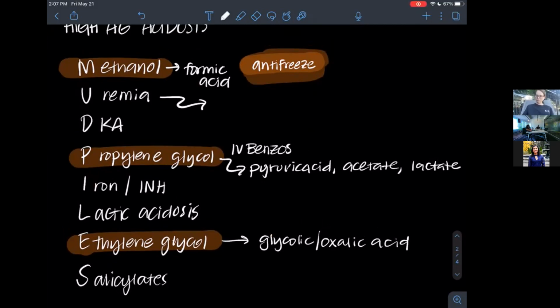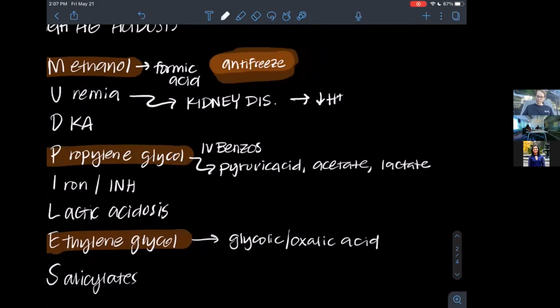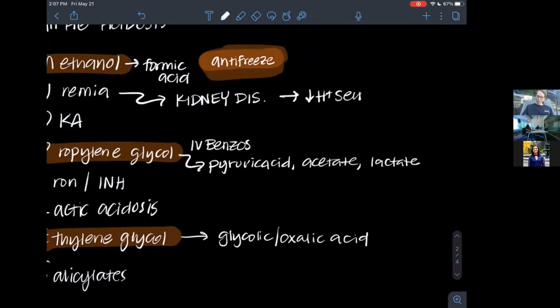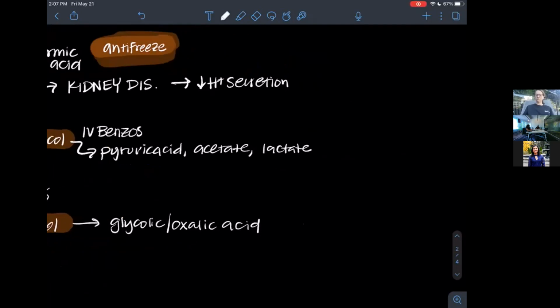You see uremia if you're having any sort of advanced kidney disease. With advanced kidney disease, you see reduced hydrogen secretion, but you'll also see retention of a bunch of organic acids.